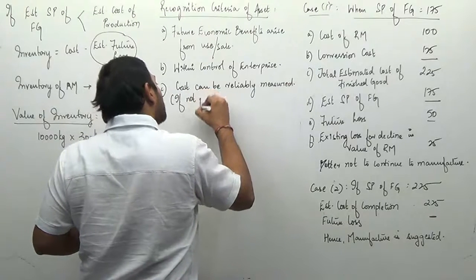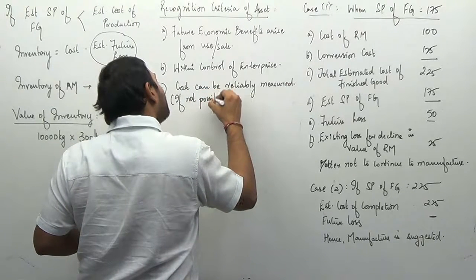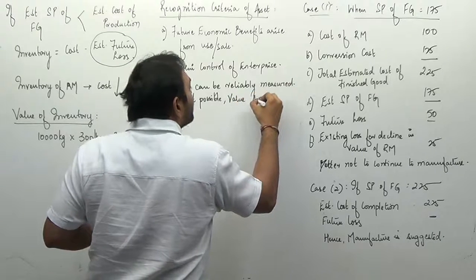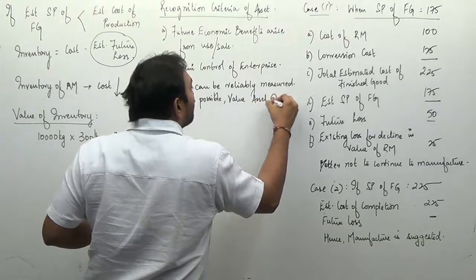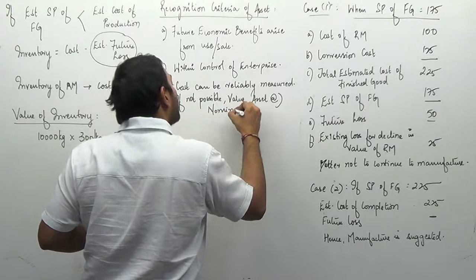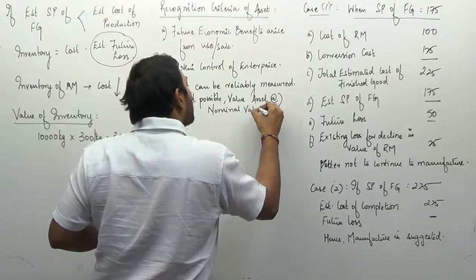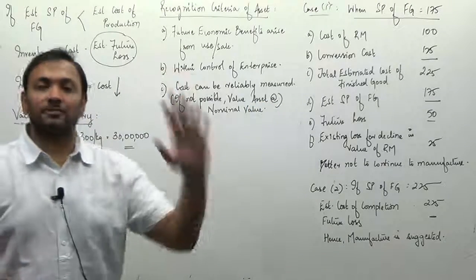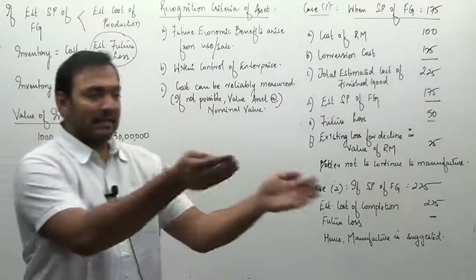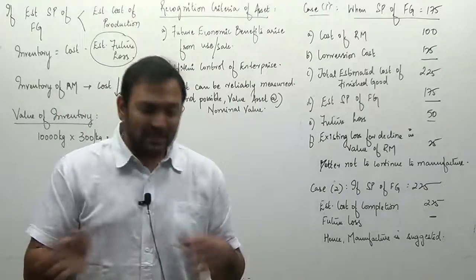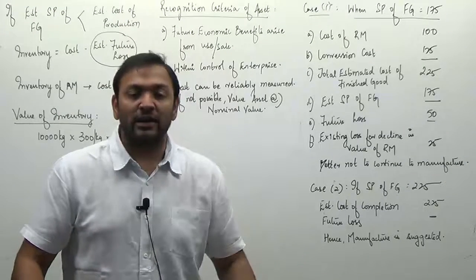If not possible, value the asset at nominal value. Let's say I got an asset from the government free of cost. Let's say it's a Dwakra organization, which is basically for the upliftment of women and children.